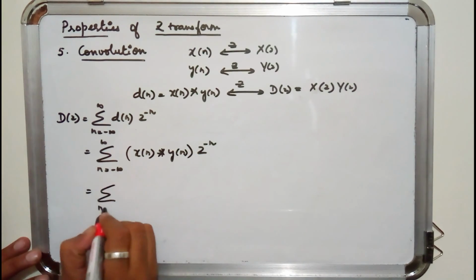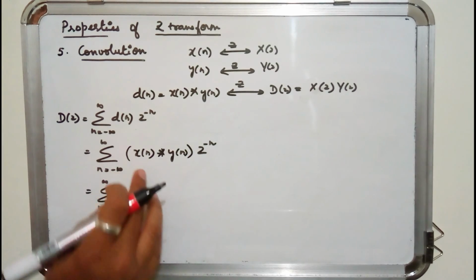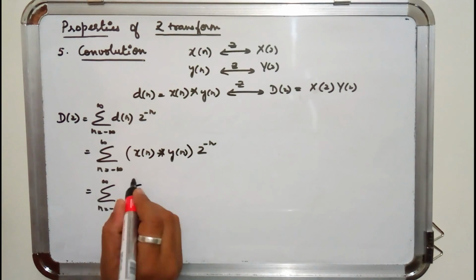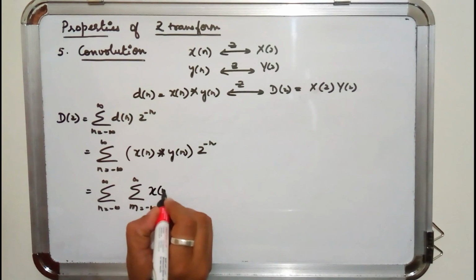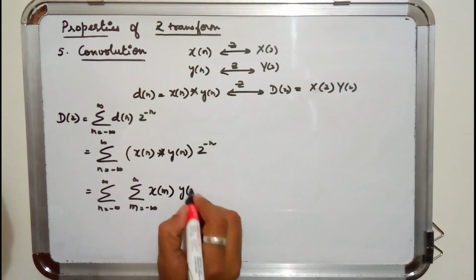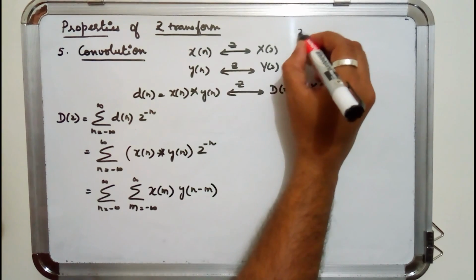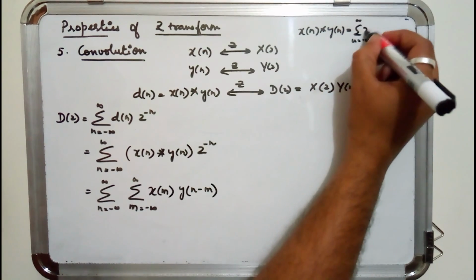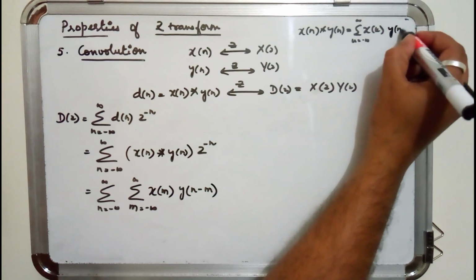Now I can take x of n convolution y of n as summation m is equal to minus infinity to infinity, because n is already taken here, x of m into y of n minus m, because the convolution in time domain is x of n convolution y of n is summation k is equal to minus infinity to infinity x of k into y of n minus k.